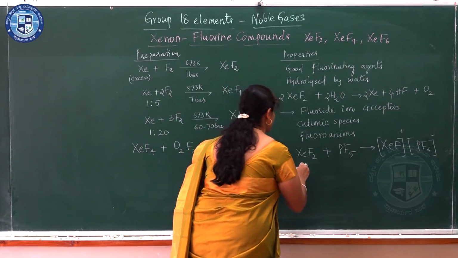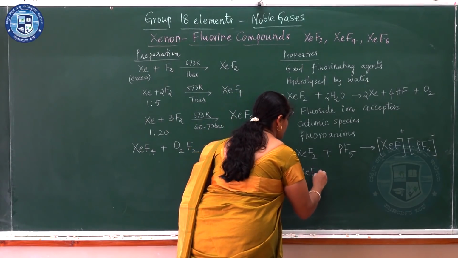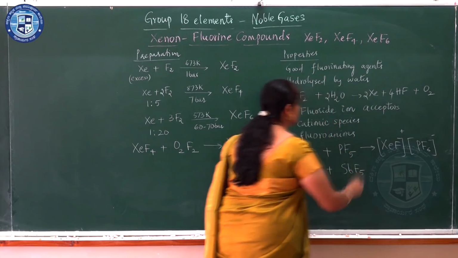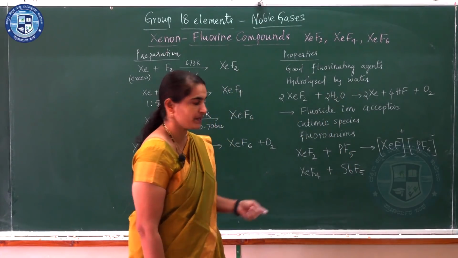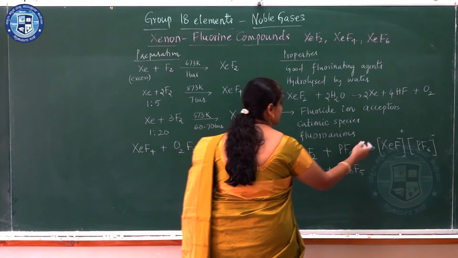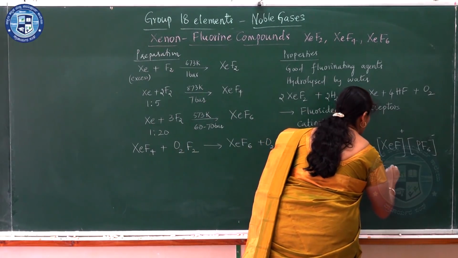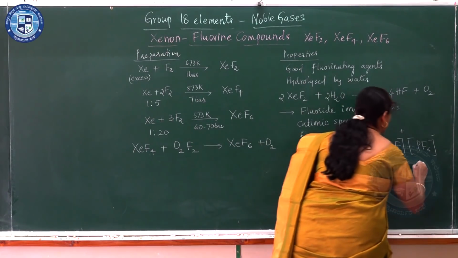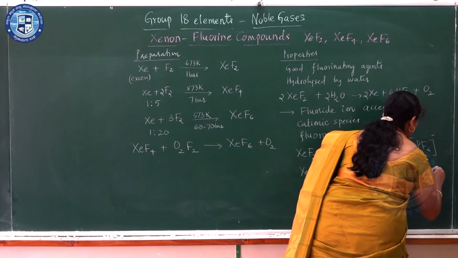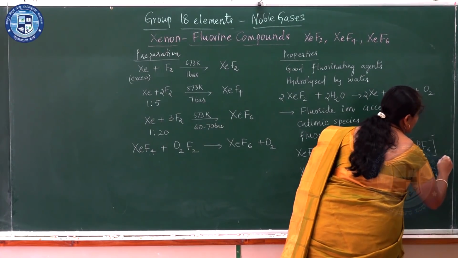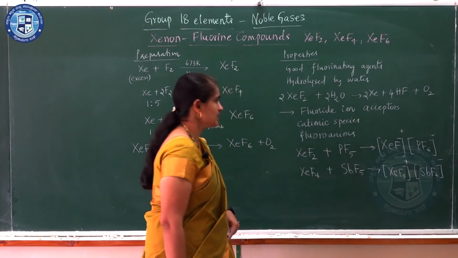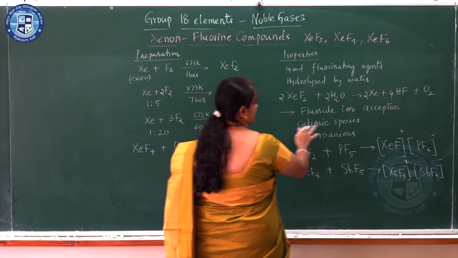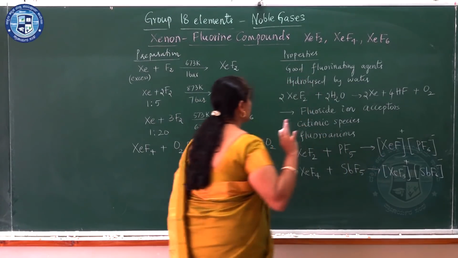You can also take XeF4 with some other acceptor, say antimony SbF5 as the fluoride ion acceptor. One fluorine just shifts here. So I have XeF3 plus and SbF6 minus. Simple as such. So, they end up with cationic species and fluoro anions.